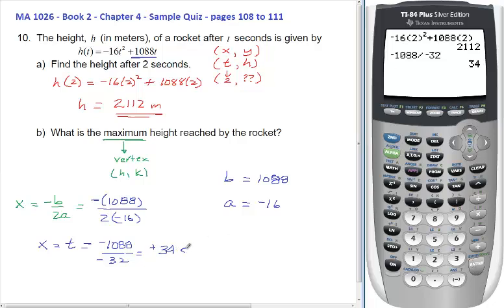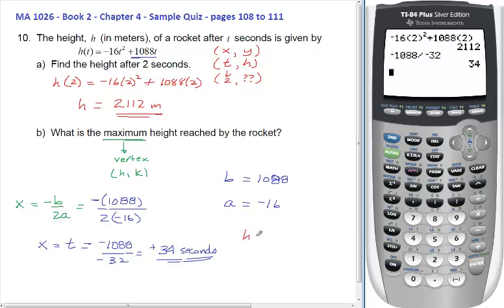Now, this is time. Don't forget, that's not your maximum height. What it's saying is that in that many seconds, the rocket will actually reach its maximum height. That's what it's telling you. So in order to find the maximum height, you have to substitute that time back into the height equation.